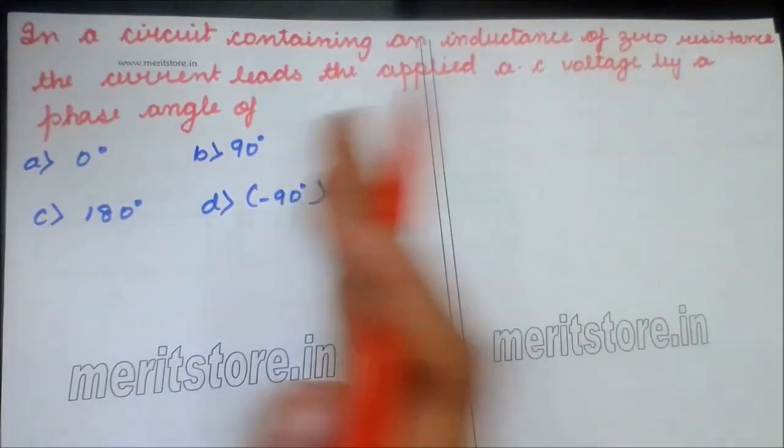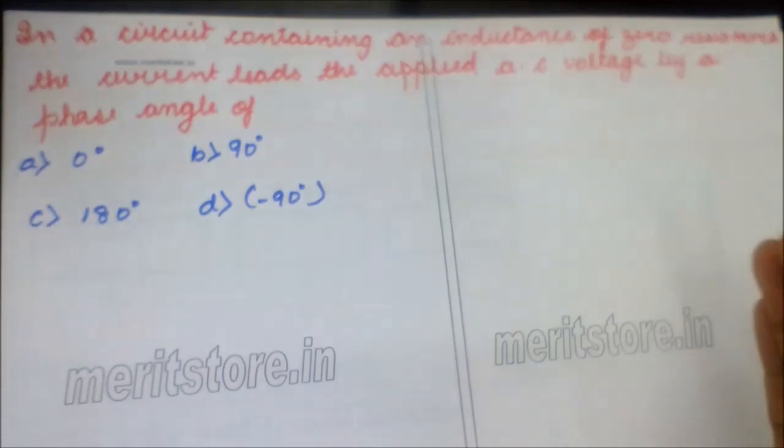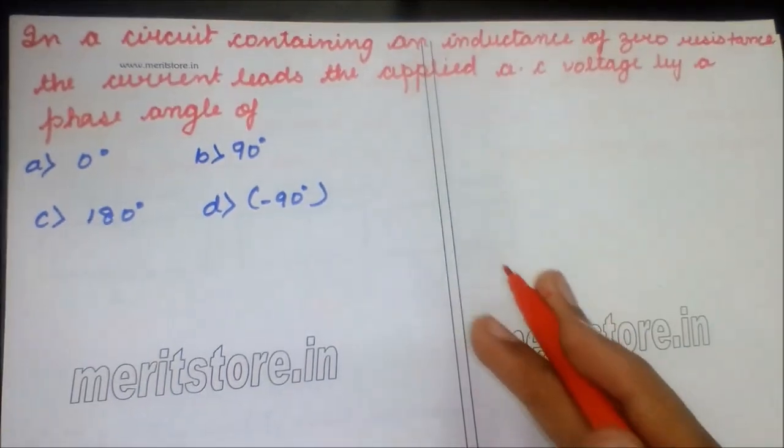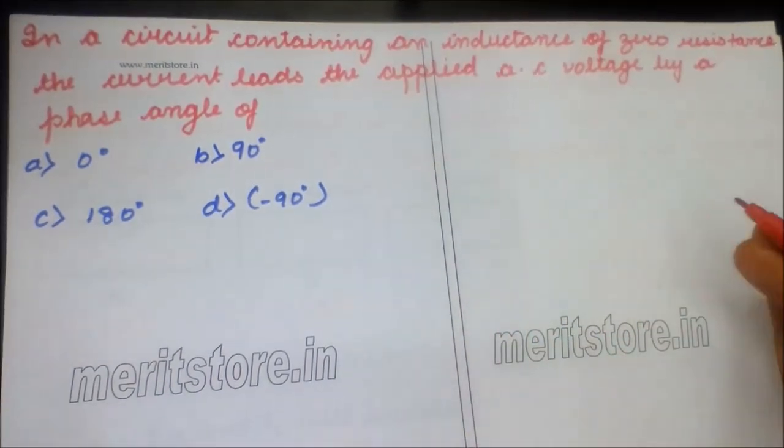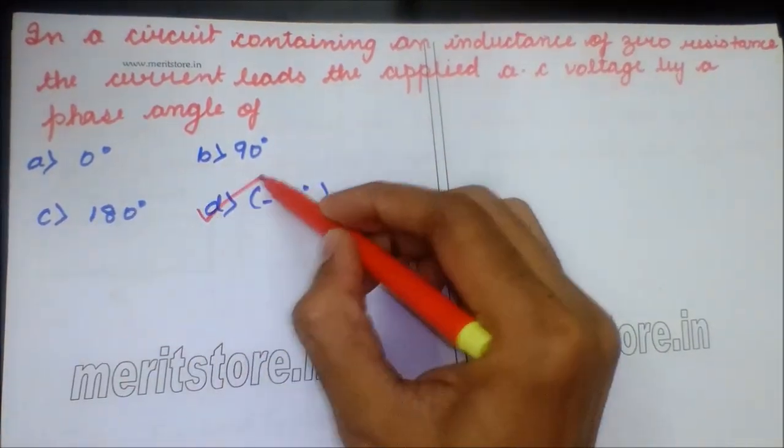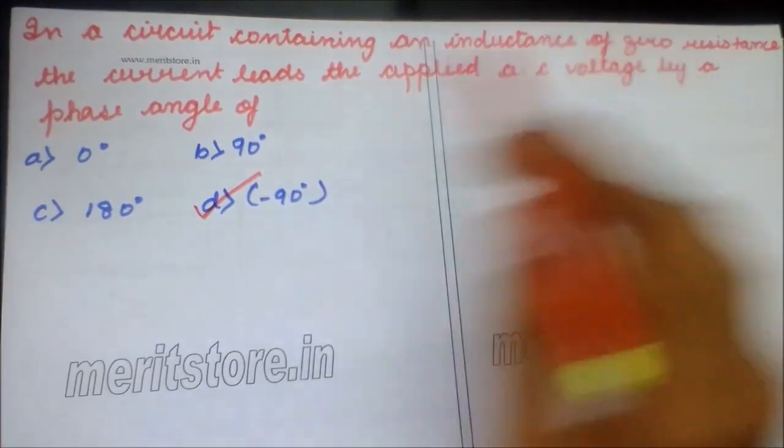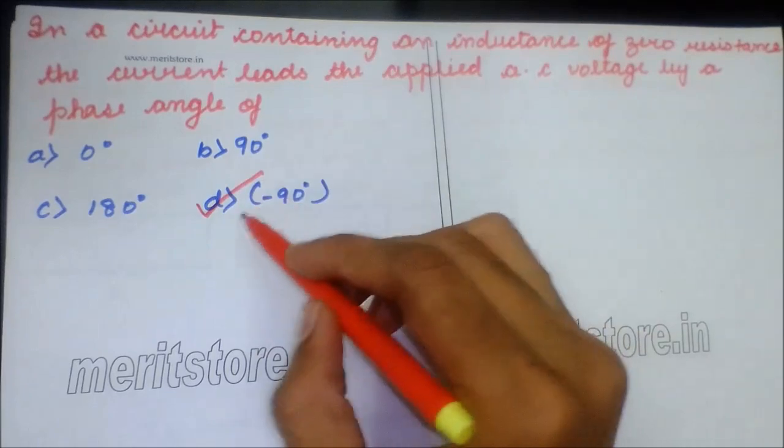So between the current and the voltage there will be a lagging by 90 degree, or a leading by minus 90 degree. So D, since we are asked the phase angle by which it leads, it's leading by minus 90 degree.